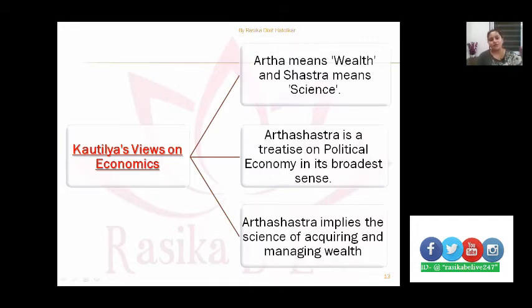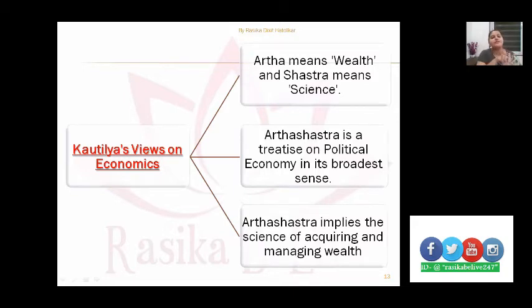Again, I repeat. First point, we have seen what Artha and Shastra mean: wealth and science. Second, we have seen that Arthashastra is a treatise on political economy in a broad sense.